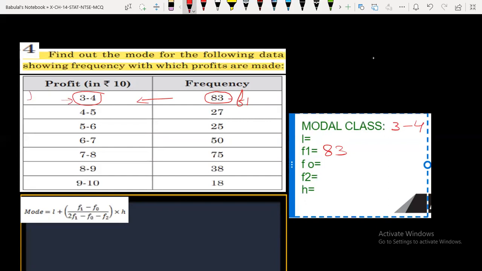Lower limit of the modal class is 3. So you write here 3. Generally, कभी भी highest frequency top most में या upper most में नहीं आता, लेकिन इस क्वेश्चन में दे रखा है। अब देखिए, इसके जब पहले कोई क्लास नहीं दे रखी है तो हमें जो f0 है उसको हमें 0 सपोज करना पड़ेगा, क्योंकि उसके ऊपर कोई क्लास नहीं है। So we can consider it as 0.